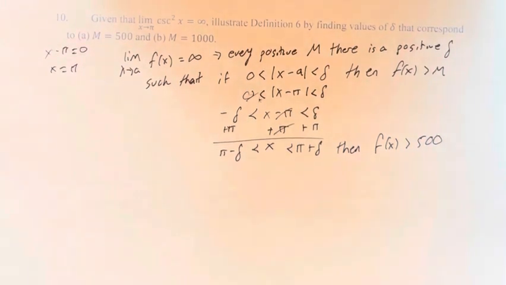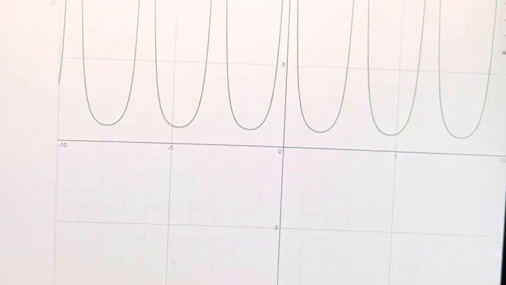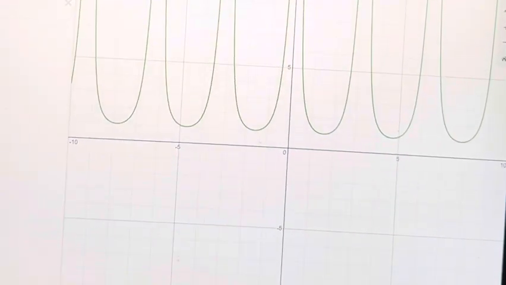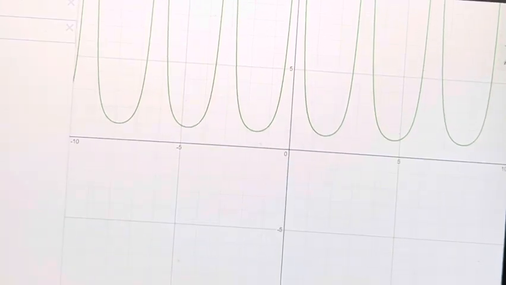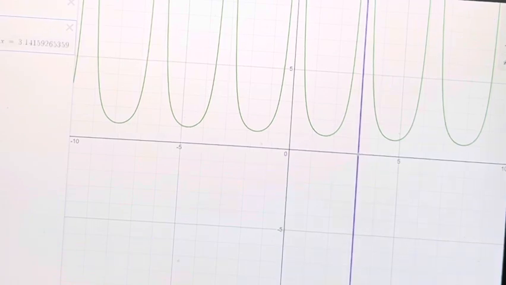So now we have to find this value. We have the graph of the function here, and we are looking at the limit as x approaches pi, which is this line here. We can see these two green lines going off to infinity as they approach this value.